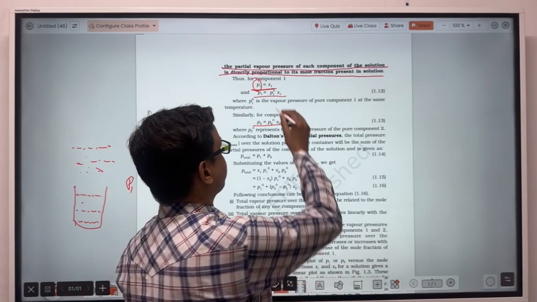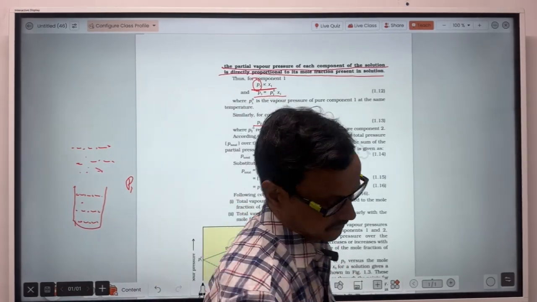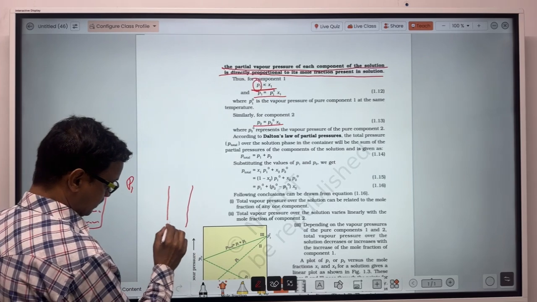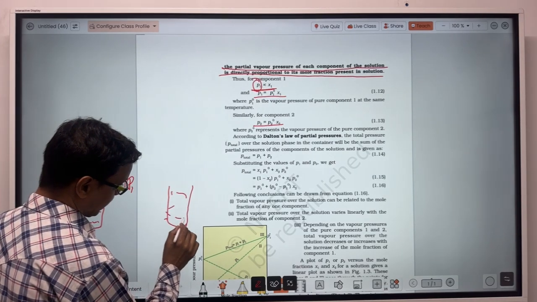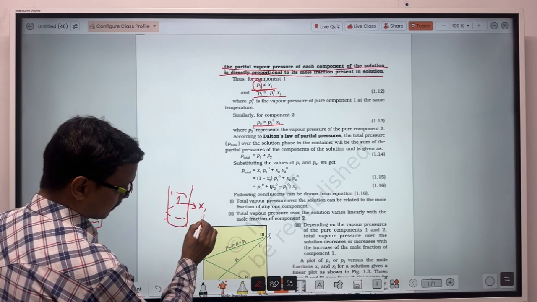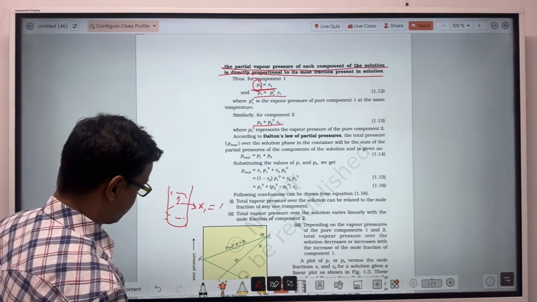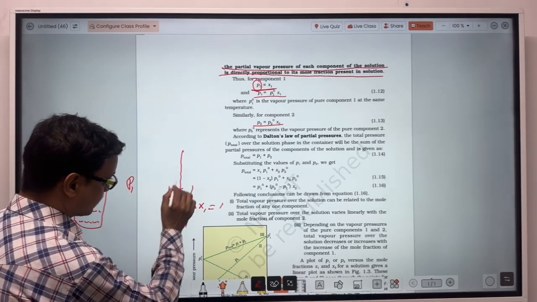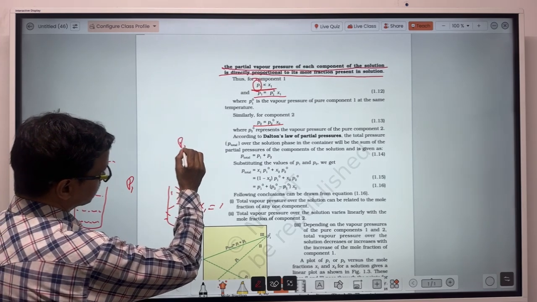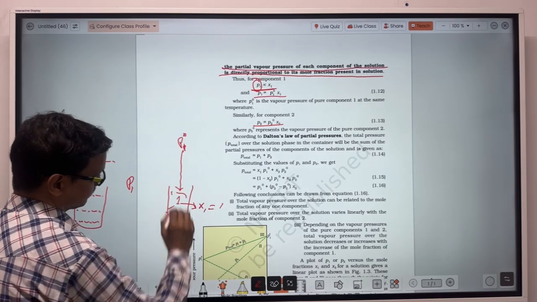What is P degree 1 and what is P degree 2? Suppose there is only pure liquid, suppose liquid 1 here. So the mole fraction of liquid 1 will be 1. So the pressure exerted here will be in the pure state, so this will be P degree 1.